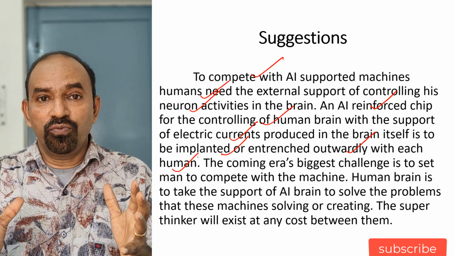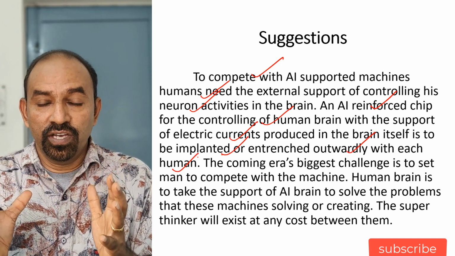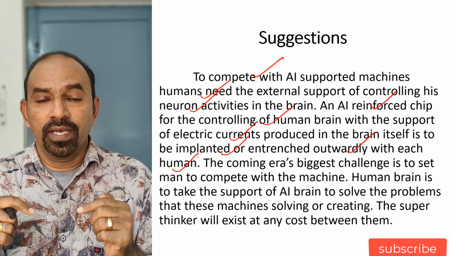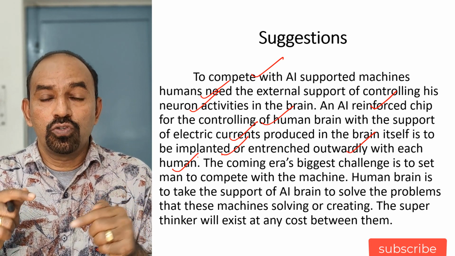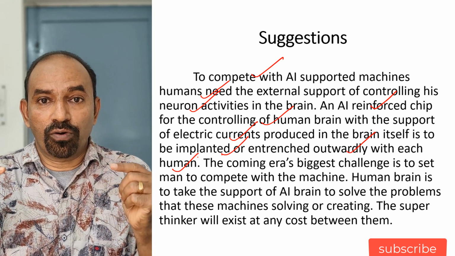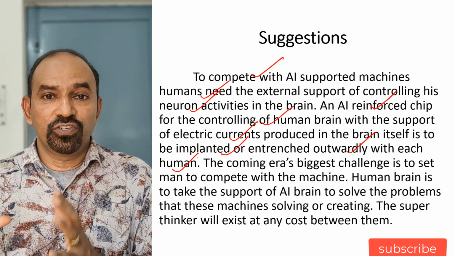We can't compete with these machines otherwise. So to compete with them, we should implant a chip inside our brain, and that chip should work with the electricity produced in our own brain. Then only we can compete with these machines.